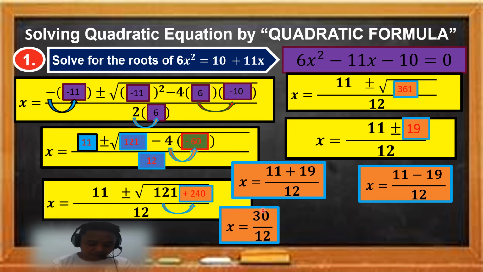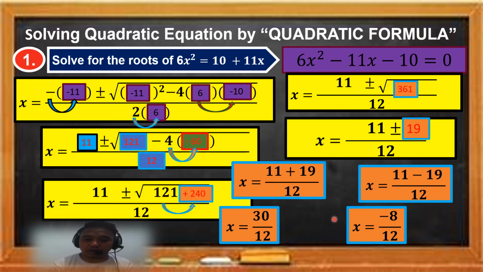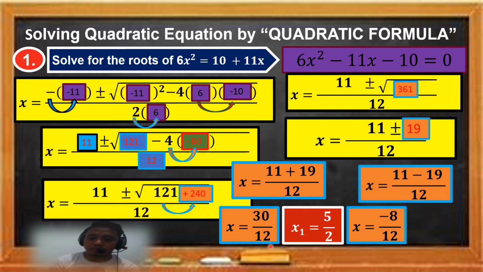Reduce it to lowest terms. What is their greatest common factor? Is it 2? 3? No, it is 6. So 30 divided by 6, and 12 divided by 6. The answer is 5 over 2.